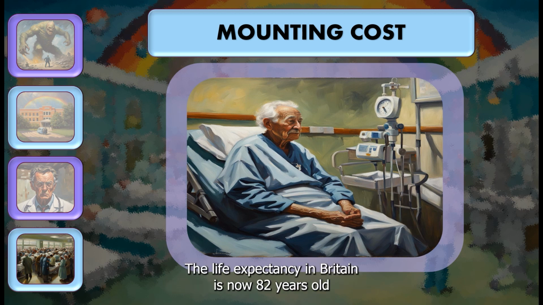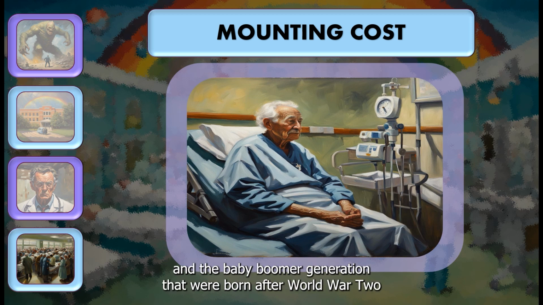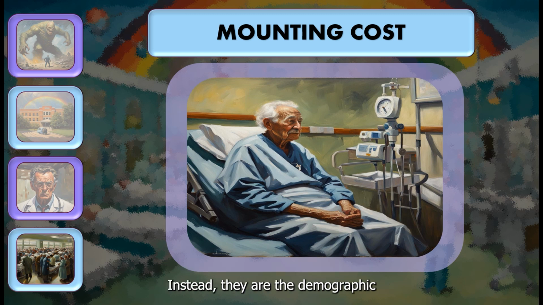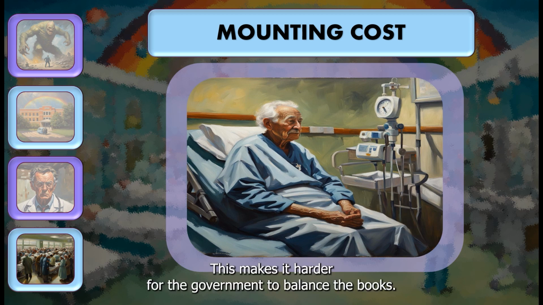The life expectancy in Britain is now 82 years old, and the baby boomer generation that were born after World War II have now reached retirement age, so are no longer paying into the system. Instead, they are the demographic who are most likely to require a serious operation or ongoing prescription for a chronic health condition. This makes it harder for the government to balance the books.